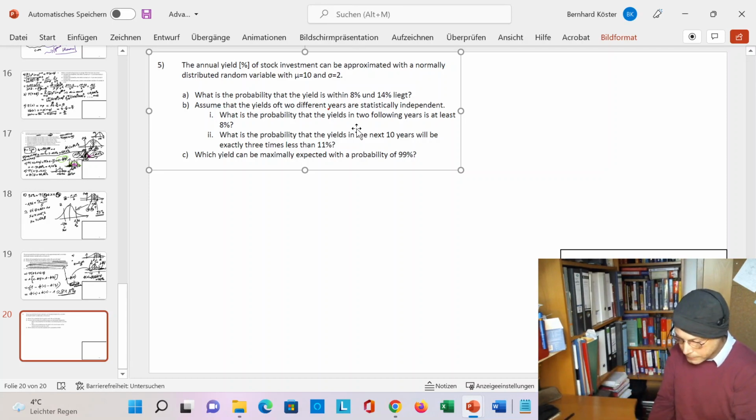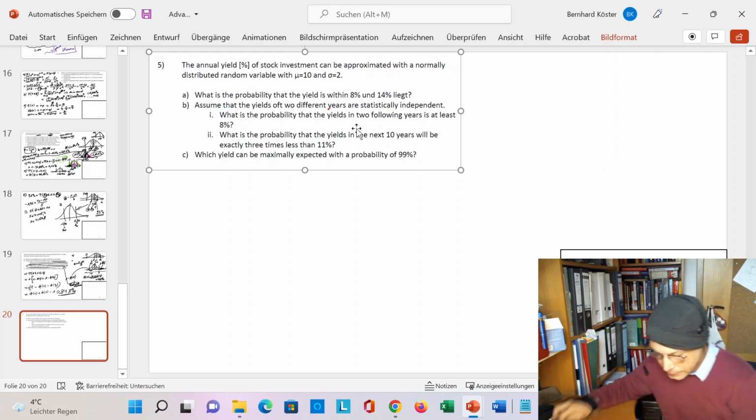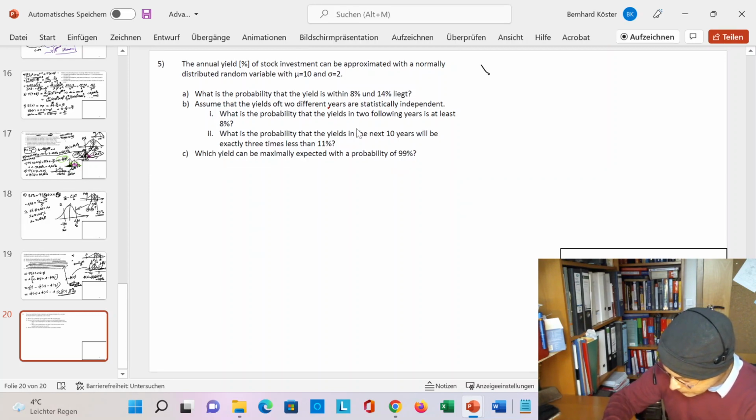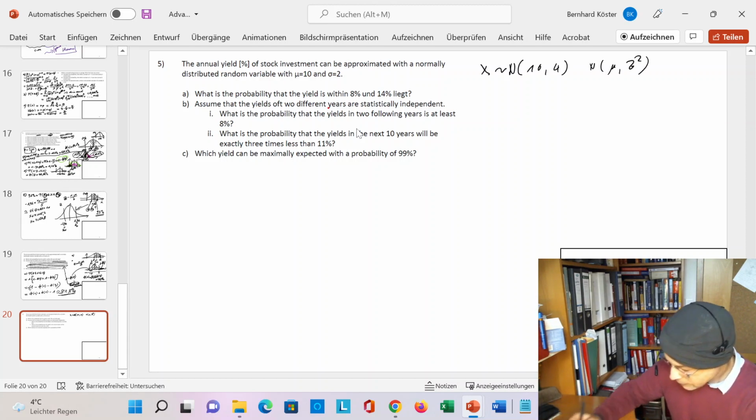So here we go. We have X is distributed N of mu, sigma squared, that is 10, 4.